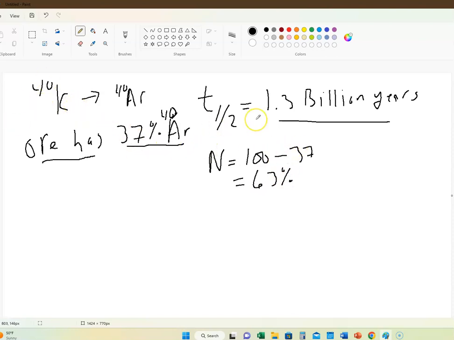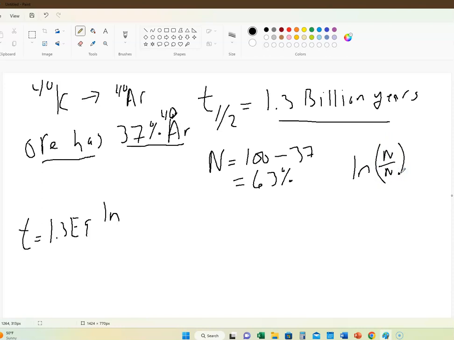Now we can do our formula. T is equal to the half-life, which is 1.3 billion years, I'll just do E to the 9th years, times the natural log of N over N sub 0, where N is the amount remaining and N sub 0 is the amount that you started with.